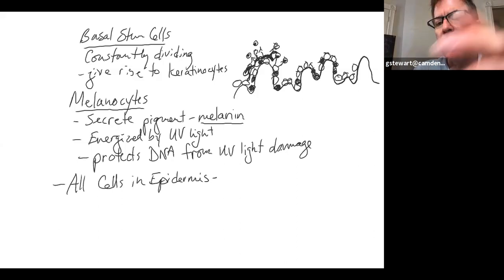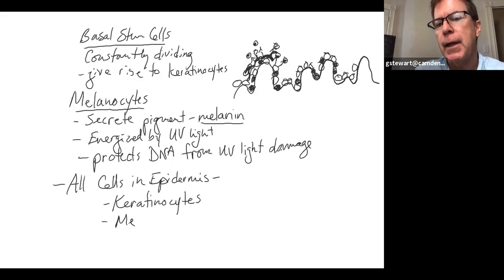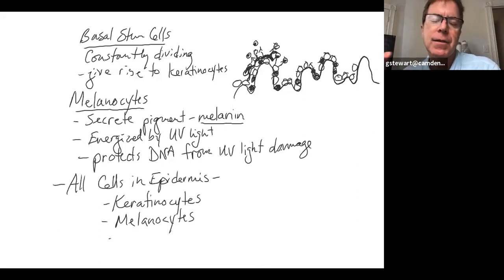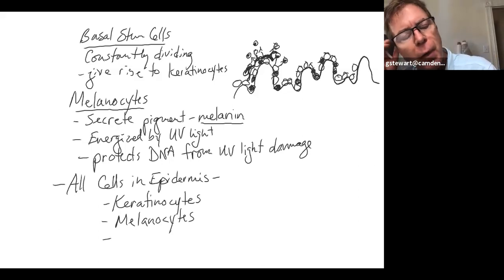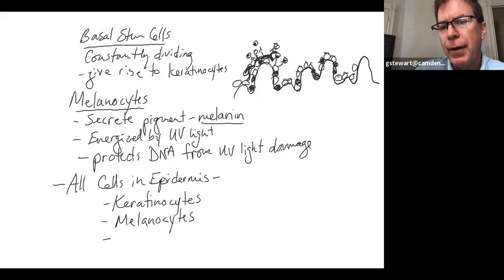All cells in the epidermis, just so you have this list, are keratinocytes, melanocytes. Now, you don't really know what keratinocytes are. I haven't described those in detail, but melanocytes for sure. There are also, this next cell is an immune cell that has different names depending on what book you read. I like the term that your book uses. They're called dendritic cells.